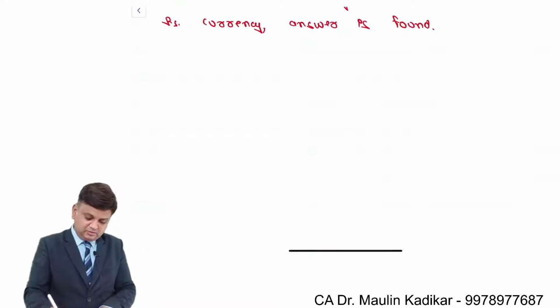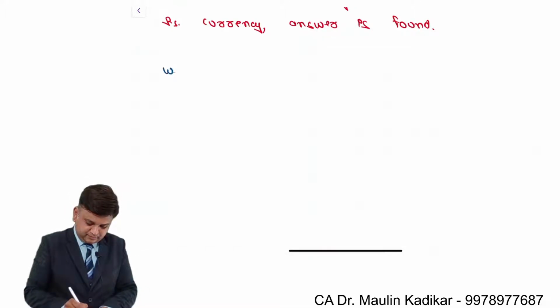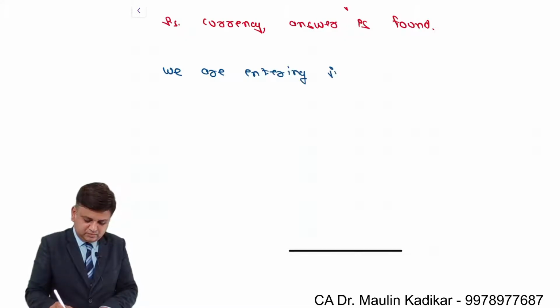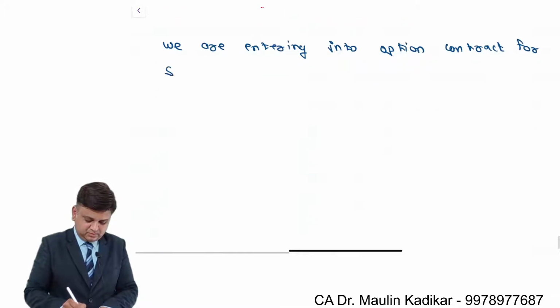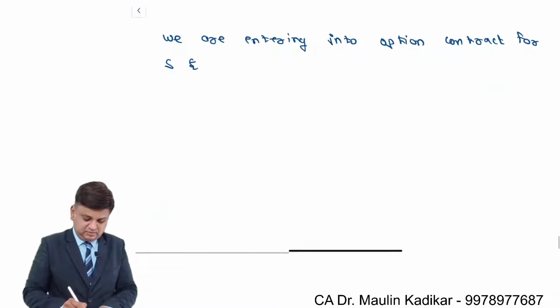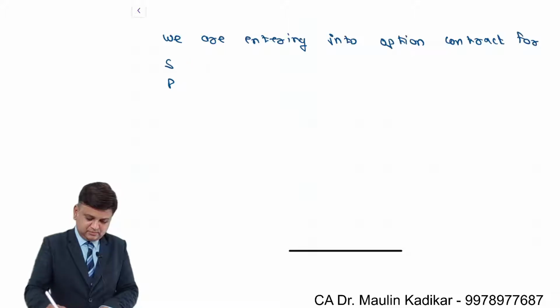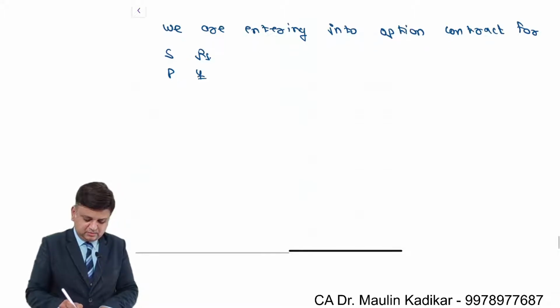With paragraph write down, we are entering into option contract for sell rupees, purchase yen, comma.